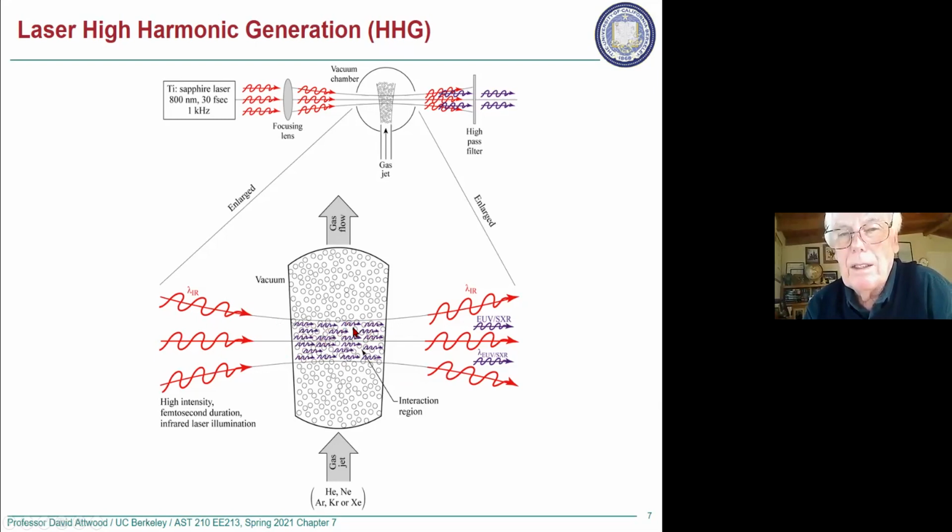The atoms have a little effect, not so much, but the free electrons have a real effect. So there's a plasma effect here in which the phase velocity of the infrared becomes faster depending on the electron density that's produced here, the free electron density. There is a plasma refractive index, and it speeds up the wave.